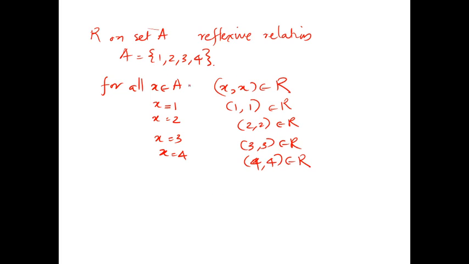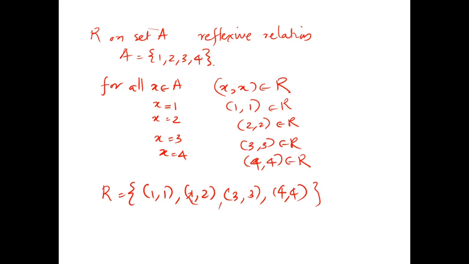So, if I am writing a reflexive relation, that should consist of 1, 1, 2, 2, 3, 3, 4, 4. If the relation is like this, I can say that this relation is reflexive. Suppose I am writing R is equal to 1, 1, 2, 2, 3, 3 only.